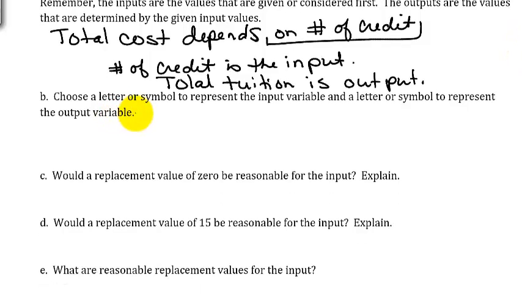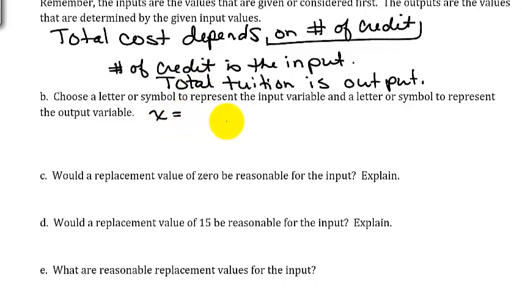Okay, choose a letter or symbol to represent the input variable and a letter or symbol to represent the output variable. A lot of times we use X to be our input variable. You don't have to. You could pick something else if you wanted to. You could pick C for credits or N for number of credits or whatever you want.